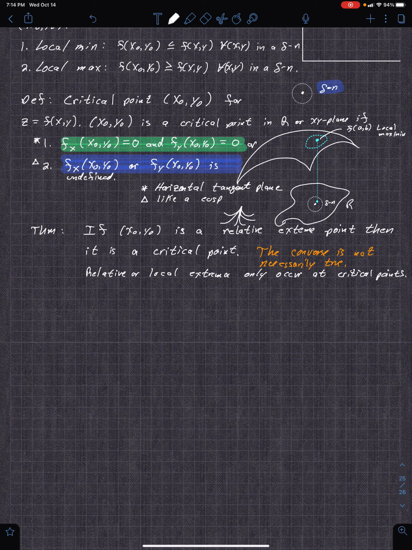Okay, so that's really the idea. So that's what we do. We go find the critical points, and then we'll use tests or some sort of analysis to figure out if it's a max or a min, or local max or min.